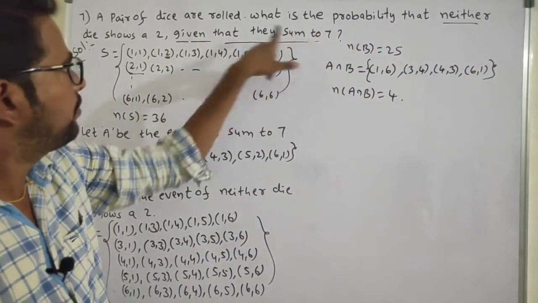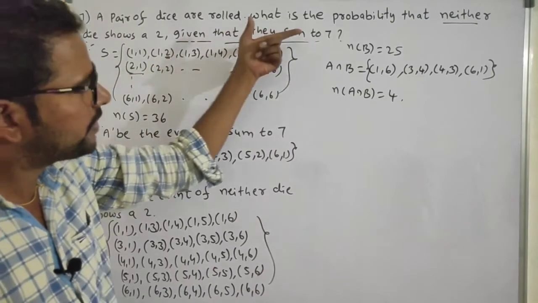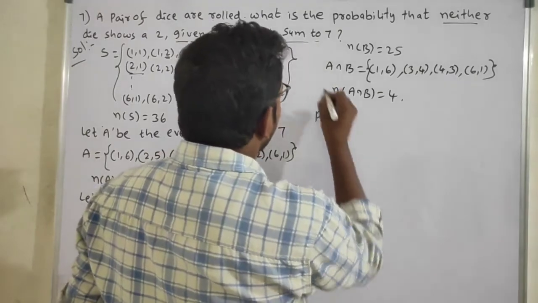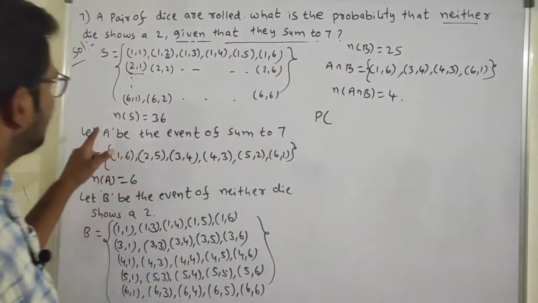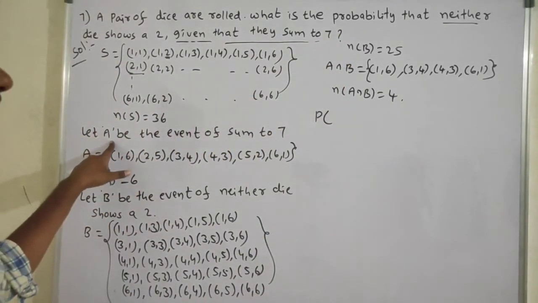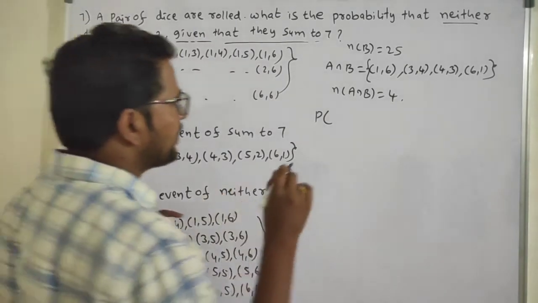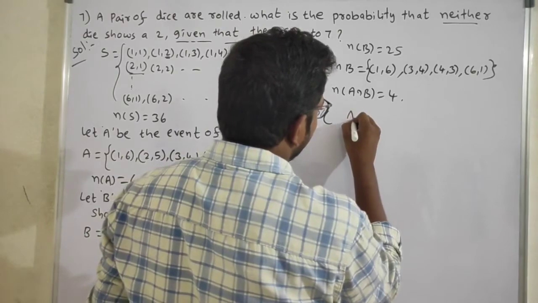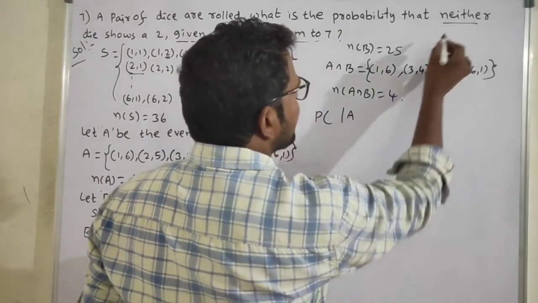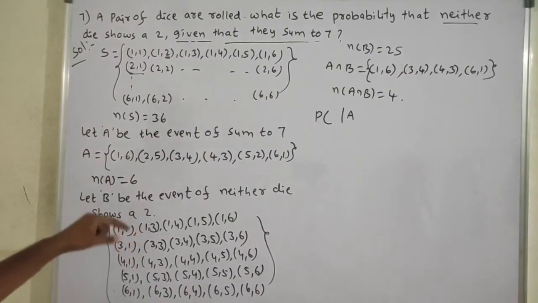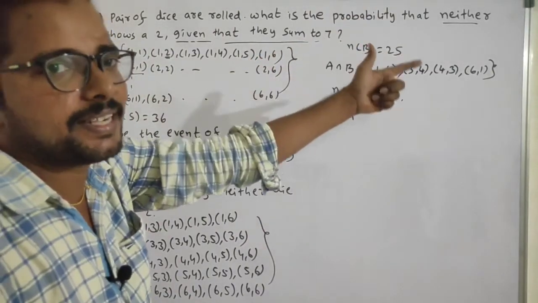So take P of the sum to 7 event, which is event A. Event A should occur first. After that, the B event, which is neither die shows a 2. After this happens, B is needed as the second event.